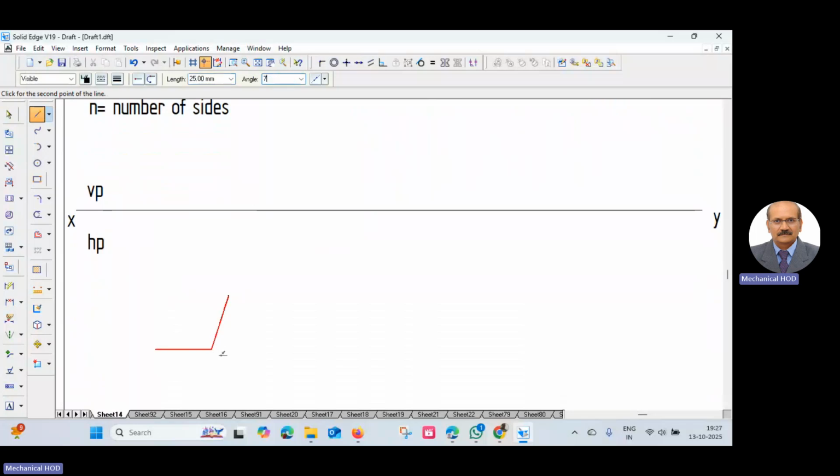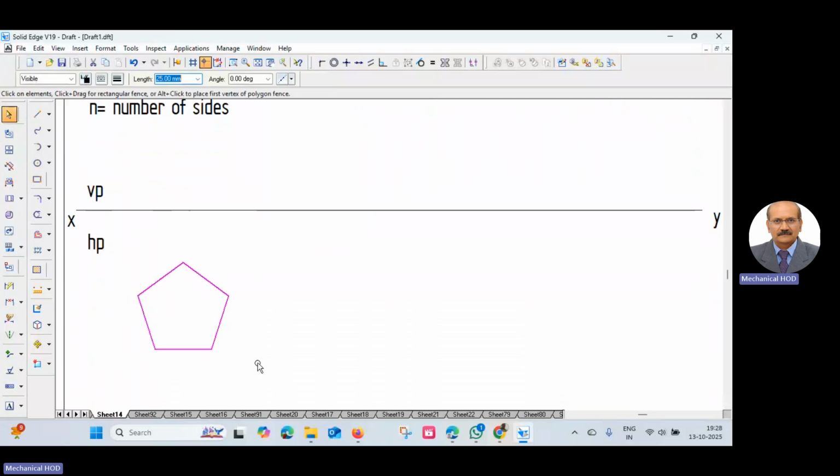Then angle is 72 into 2. Then again length is 25, press enter key. It asks you angle is 72 into 3. Then 25 the length, enter key, angle is 72 into 4, enter.